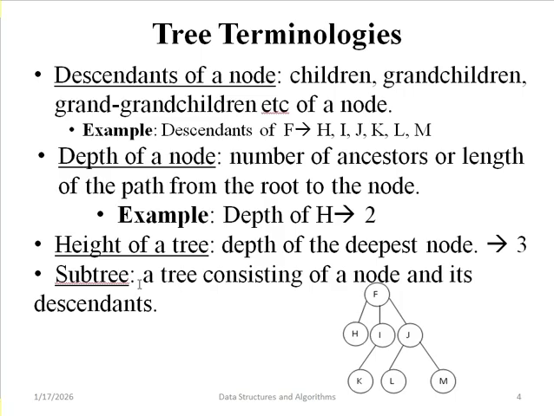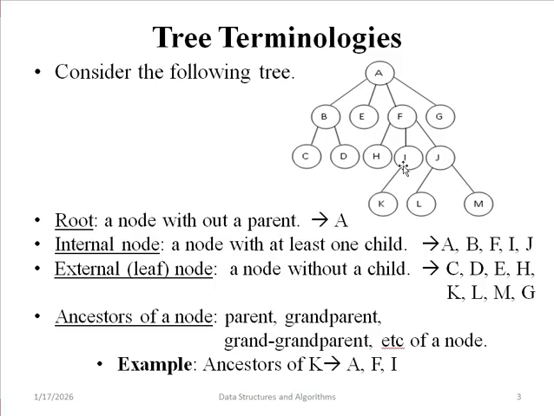A subtree is a tree consisting of a node and its descendants. That's why we considered this node F. We can consider all the descendants of F, and together they form a subtree because it is part of the largest tree, or the biggest tree.